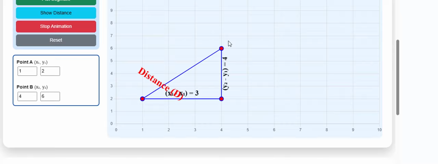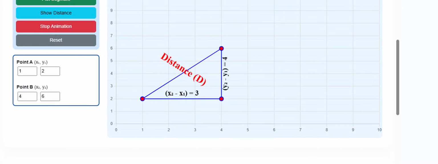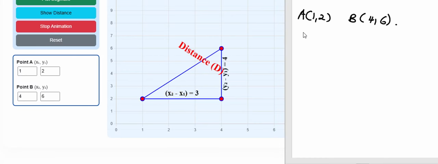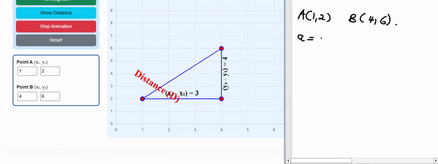And to get this distance, we need to take the distance of this line squared plus the distance of this line squared, and then get the square root of that summation, which of course is the logic of the Pythagoras theorem. So let's come back here. Based on our Pythagoras theorem logic, I can say A is equal to x2 minus x1.